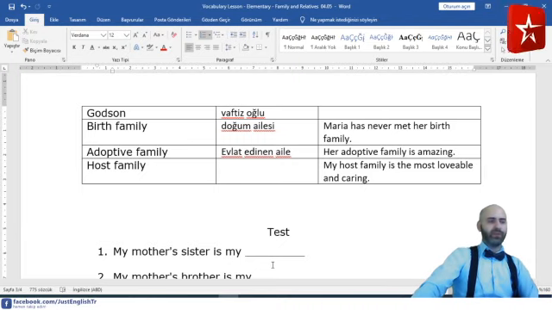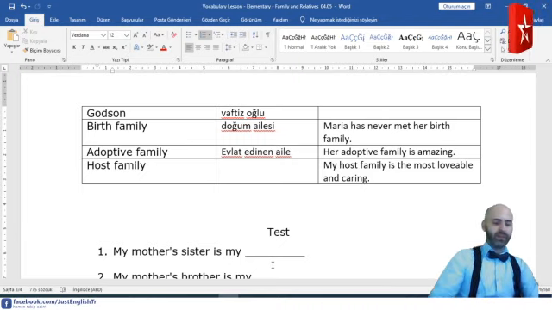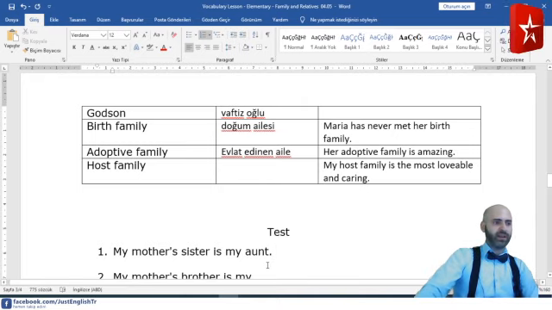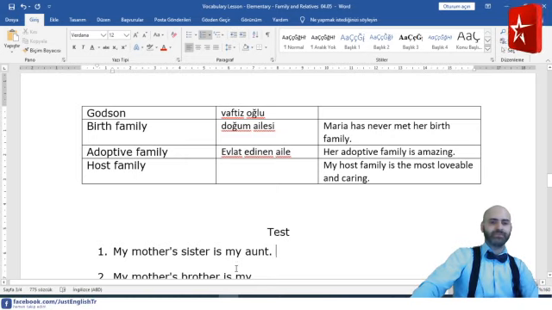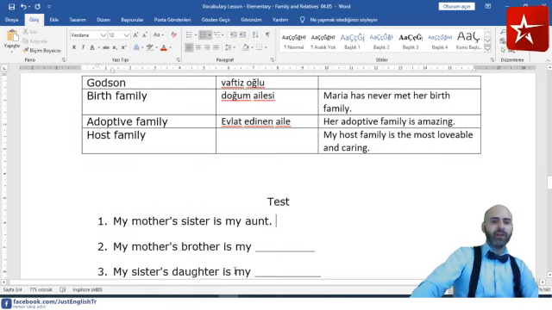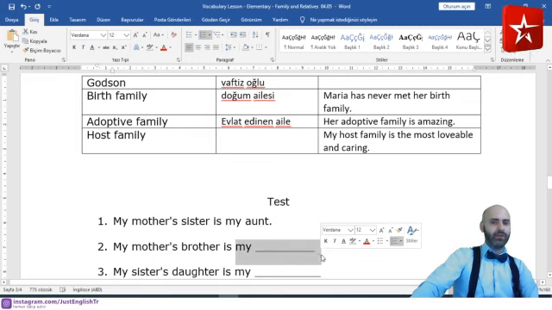We have the first correct answer, and I will write it for you. My mother's sister is my aunt. This is correct. Thank you, Talha and Hayrunisa and PC. Second question. My mother's brother is my... What is mother's brother?